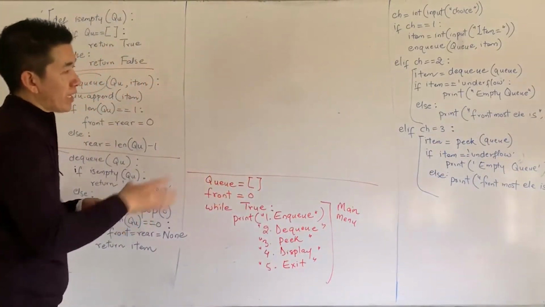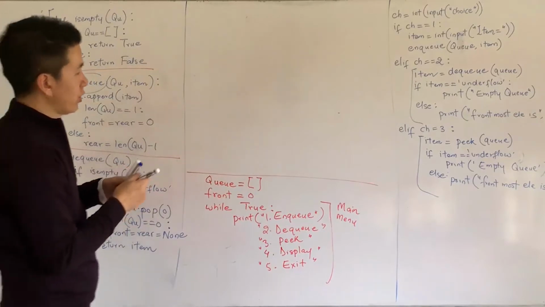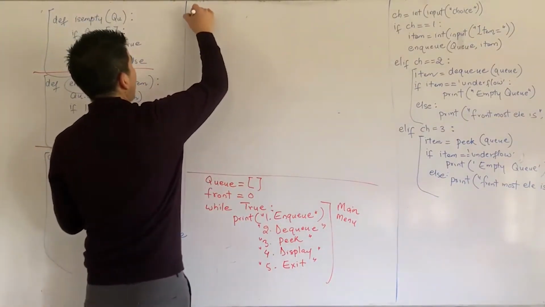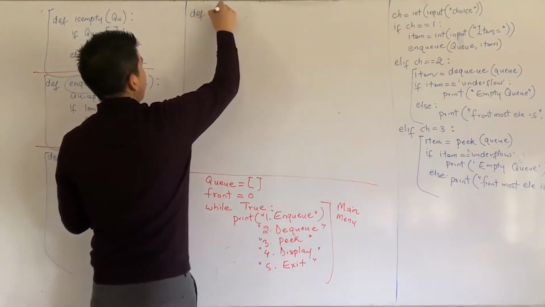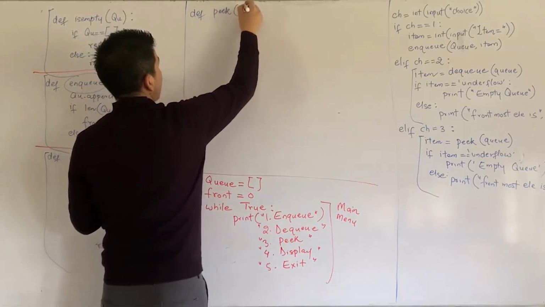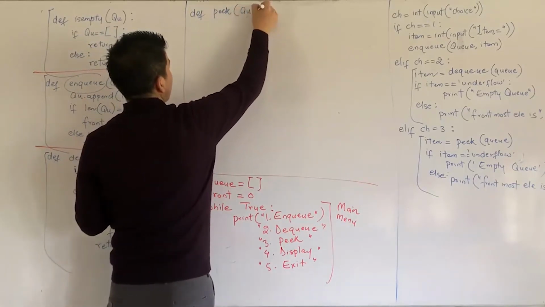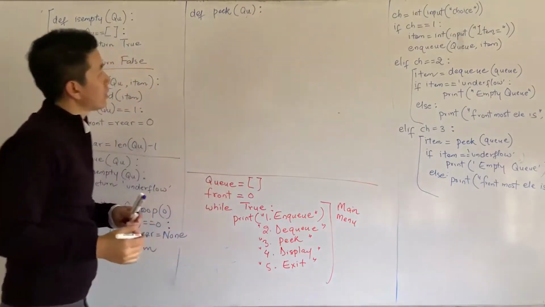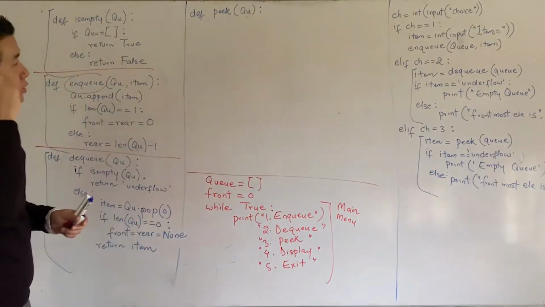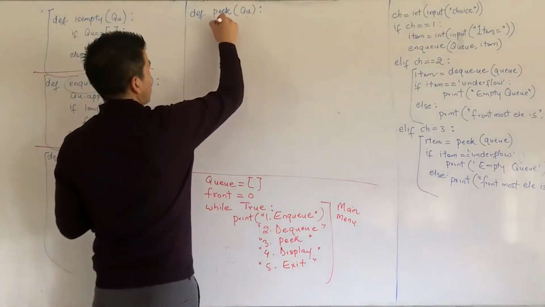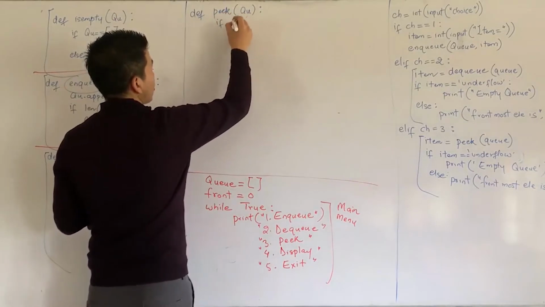Now let's come up with the function definition for the peek. So you will have def and then peek. Let's receive it in Q. This is pretty simple and straightforward. First of all, I need to check whether the Q is empty or not.